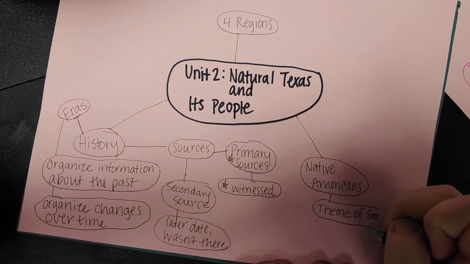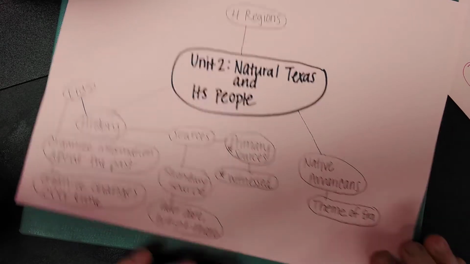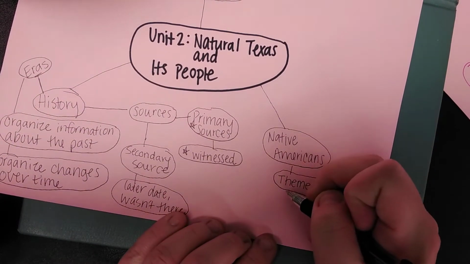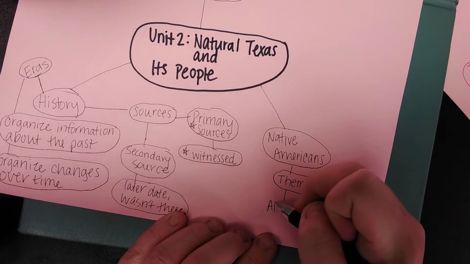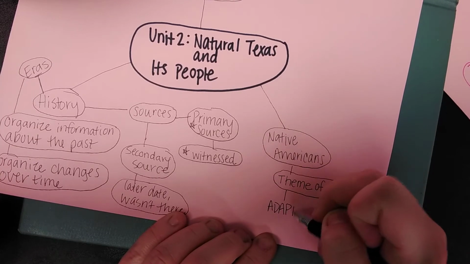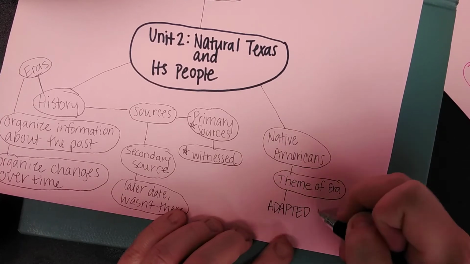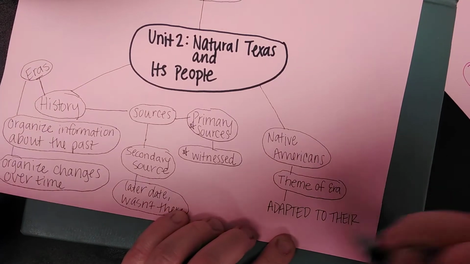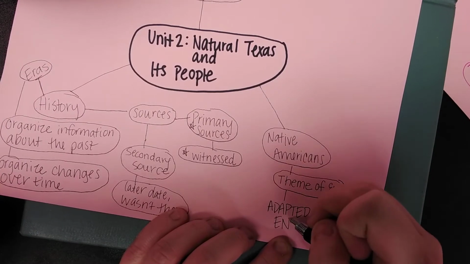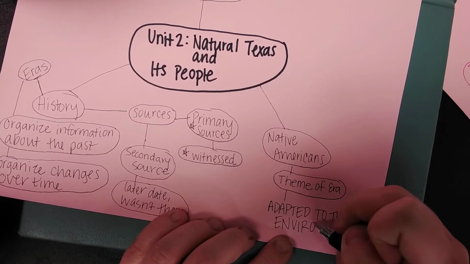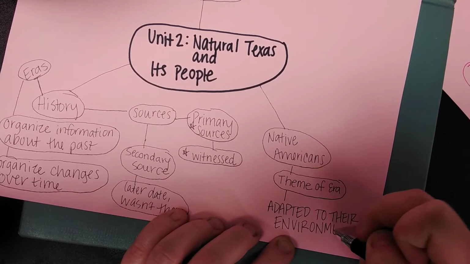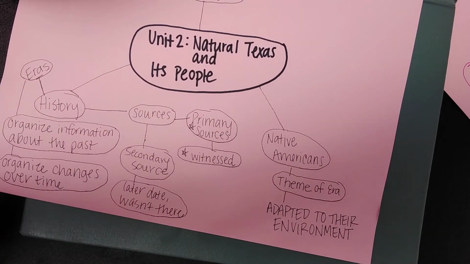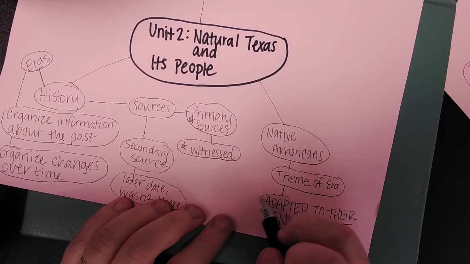When we talk about Native Americans, there is a theme that is true with all Native Americans, and that is that all of them adapted to their environment, every single one of them. And if they didn't adapt, then they died and we didn't learn about them. So all of the ones that we're learning about adapted to their environment.